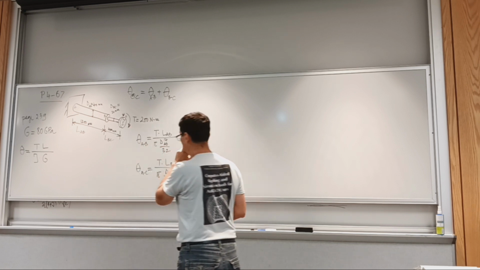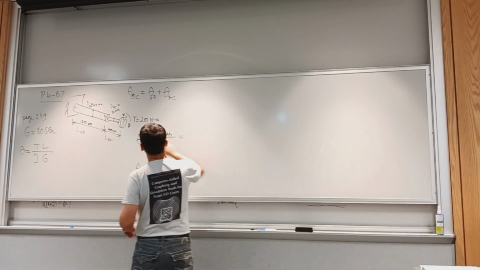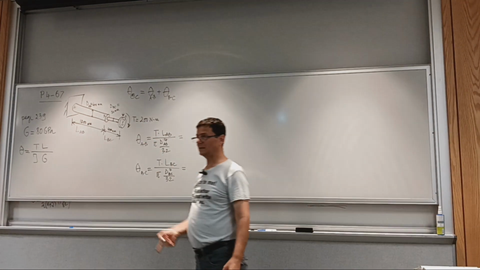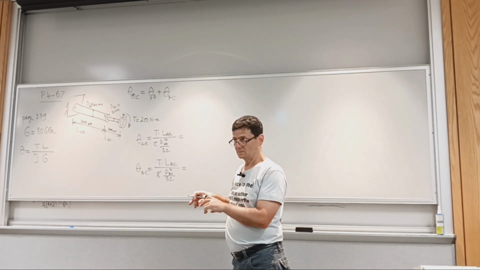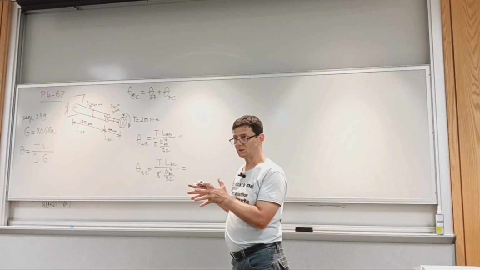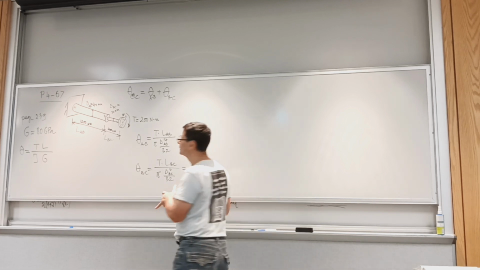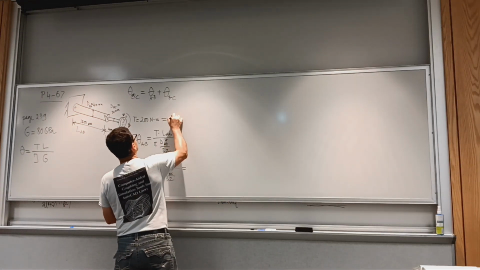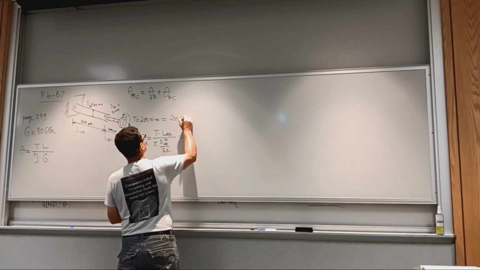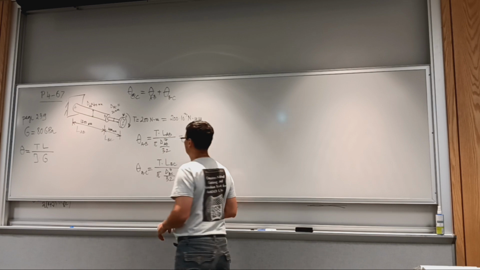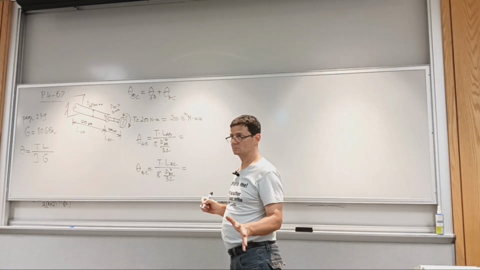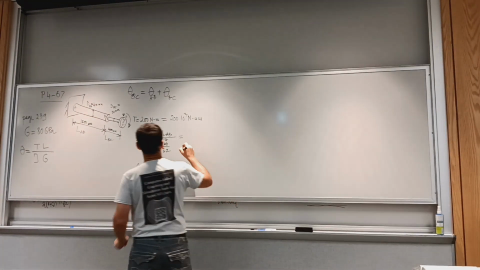Okay, so remember, torque has to be in our type of units, we've seen this before, so it has to be in Newton millimeters. So we take 200 times 10 to the power 3 Newton millimeters. We don't like meters in this class. Let's put it this way.